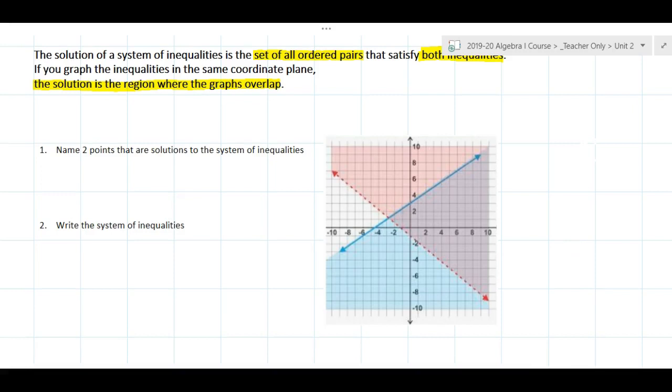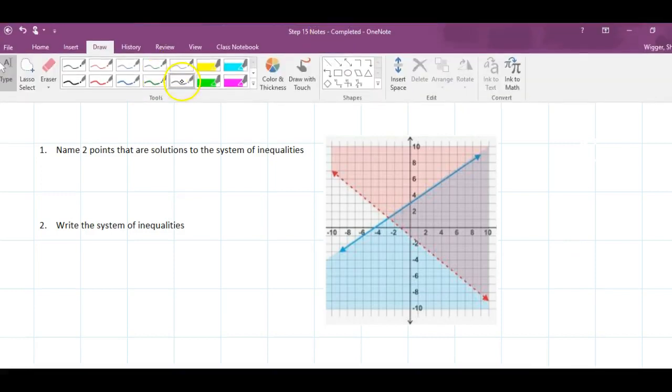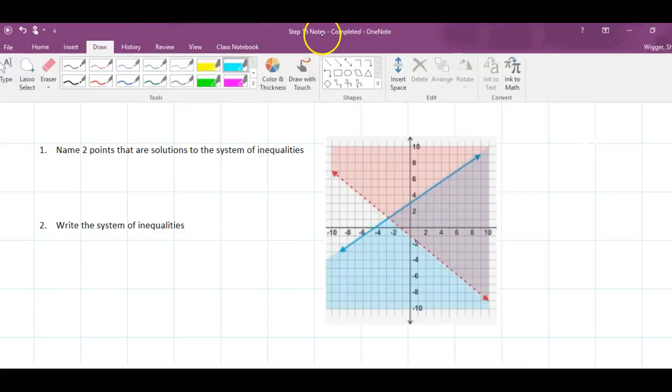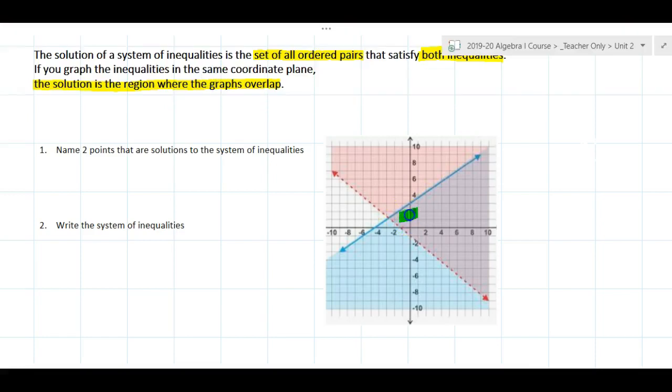If we look at this example, we have two linear inequalities graphed. The double shaded region is where the solutions to both inequalities lie.